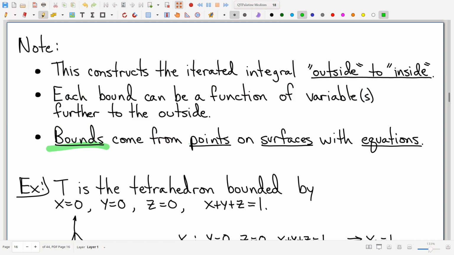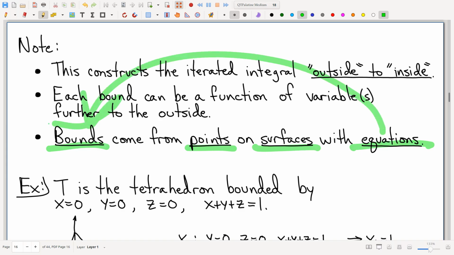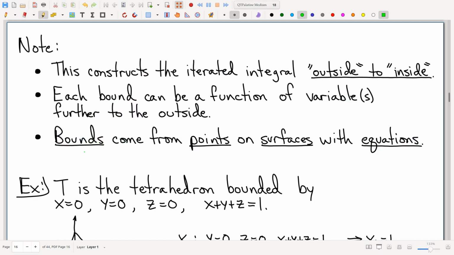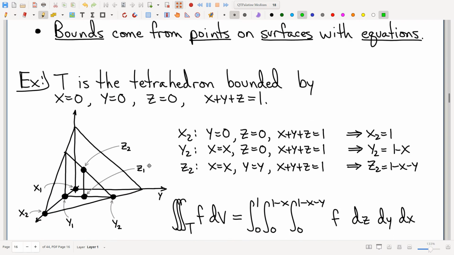Well, you look at the corresponding points. You identify them as being on certain geometric objects. These are now surfaces, and those surfaces will have certain equations. That gives you algebra in which you can solve for what you need. All of that is kind of a rip-off from double integrals, and we will rip off more in just a minute.